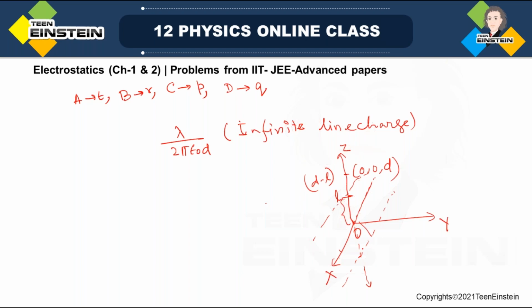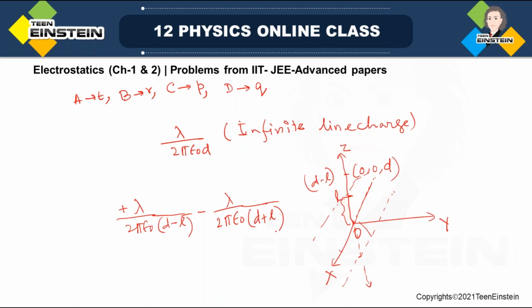So electric field due to this wire will be lambda by 2 pi epsilon naught times 1 over d minus L, and this is with plus, this is minus lambda by 2 pi epsilon naught times 1 over L plus D, or D plus L, you can think.